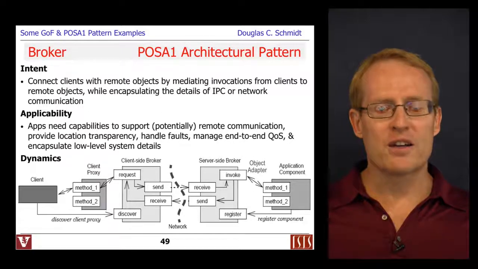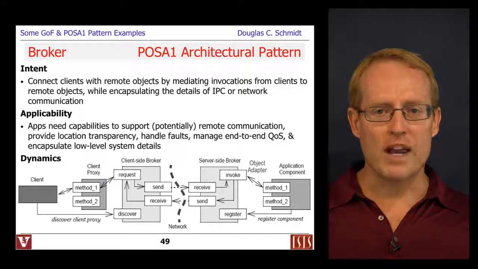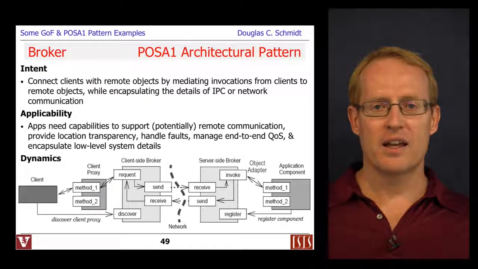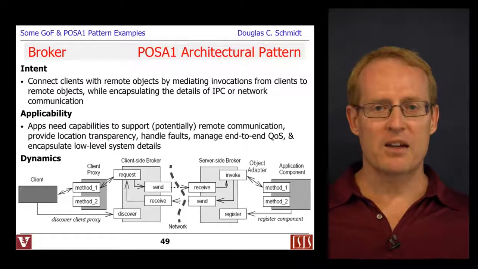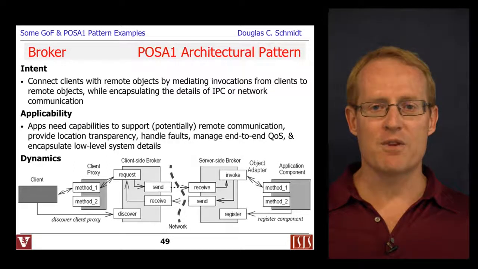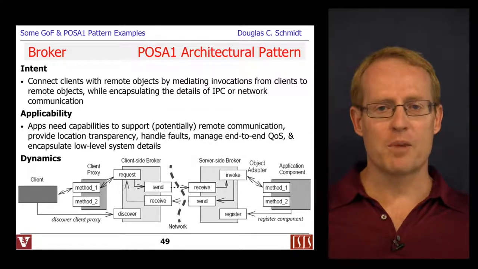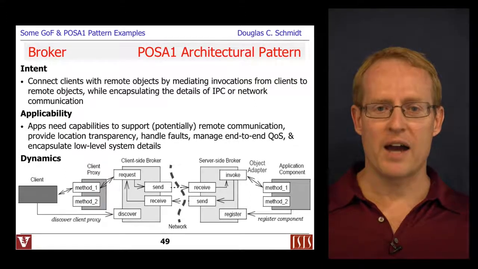So as with proxy, the broker pattern is also something that's been around for a long time. And the particular arrangement of roles and responsibilities that we see in Android are really just manifestations of these deeper, more fundamental recurring design structures and behaviors. The broker pattern we're talking about here comes from a couple of sources, starting initially with the POSA 1 book, where it's described as an architectural pattern.